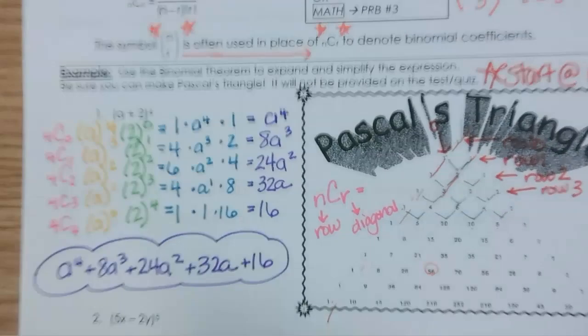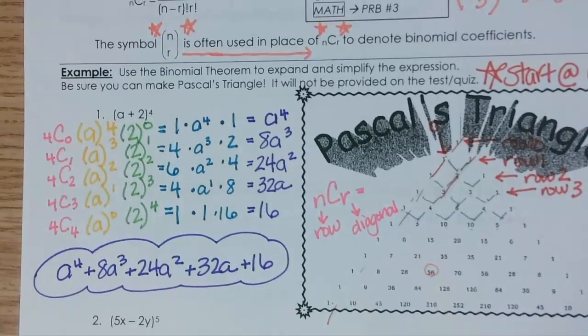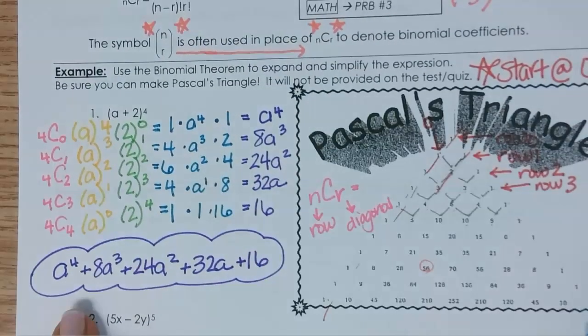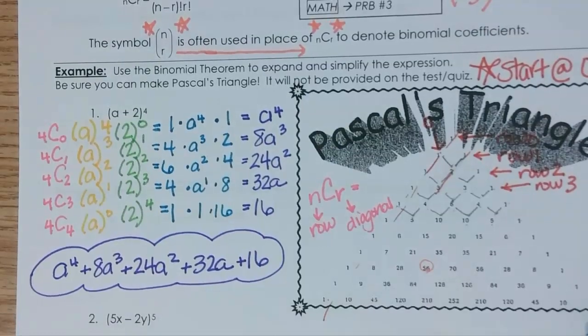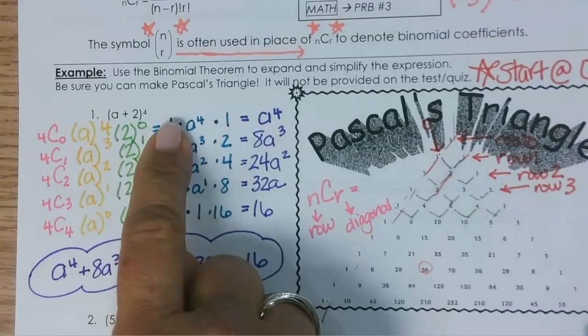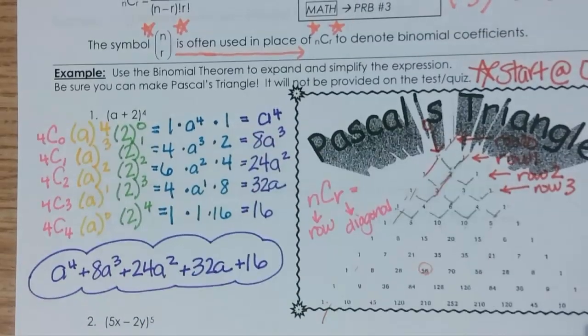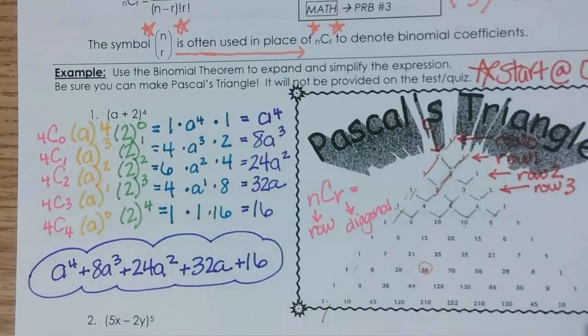And since in here we're getting polynomials, we don't want to just keep it in this column form. We want to make sure that we write it out. Okay? So that's how we can expand a binomial. Otherwise, we would have had to multiply a plus 2 times a plus 2 times a plus 2 times a plus 2. Do a lot of distributing that might not be worth our while.